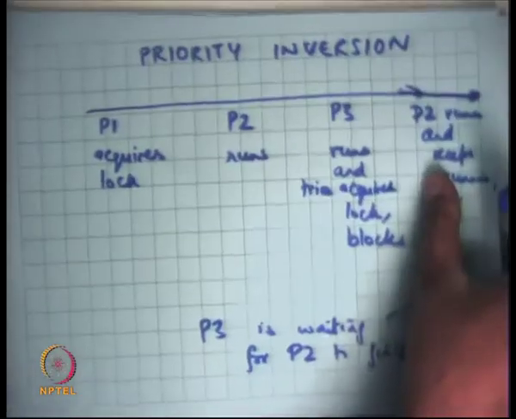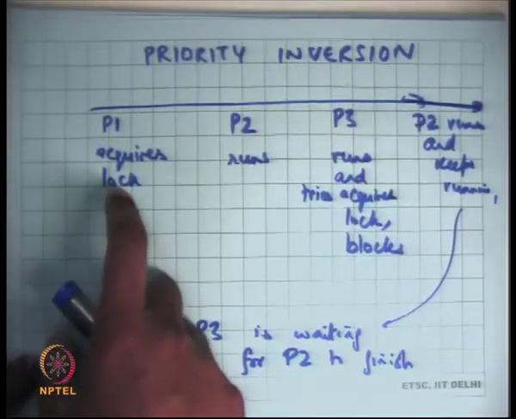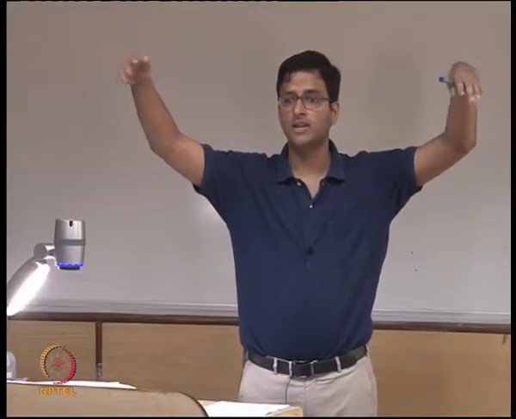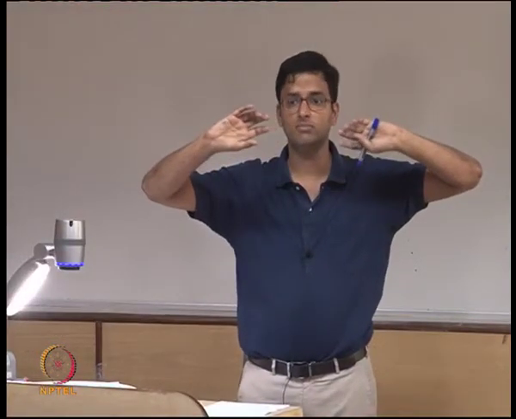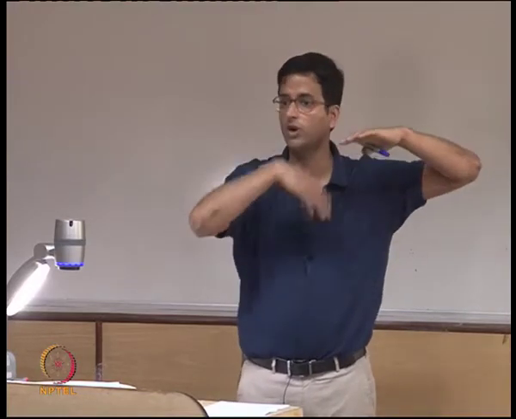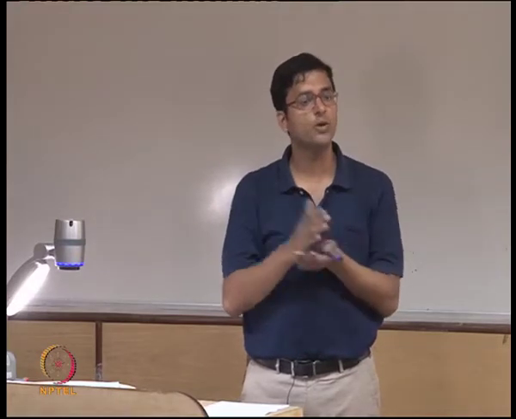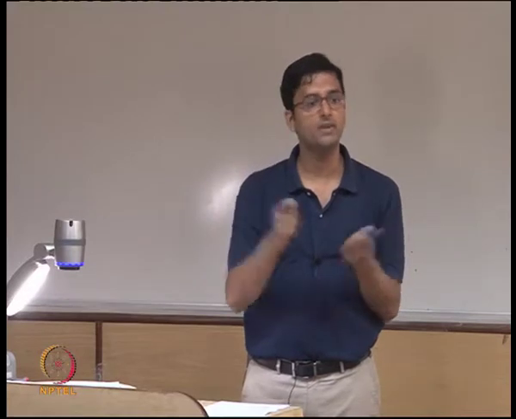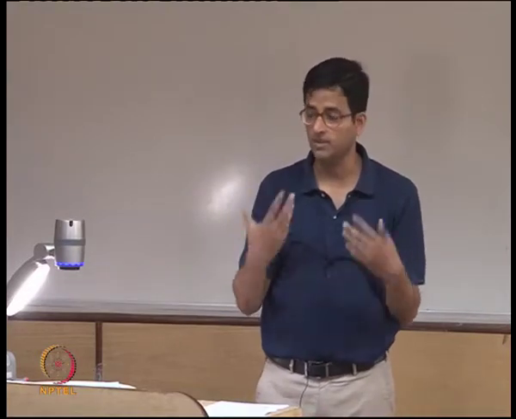But that's provided that this lock was something that was visible to the scheduler. I'm assuming here that the operating system could figure out that P1 acquired a lock and now P3 is waiting for a lock that's acquired by P1. That's only possible if the lock was a blocking lock, or a lock that involved OS activity, for example a system call. But if the OS has no idea about this dependency between P3 and P1, then what's the worst thing that can happen?